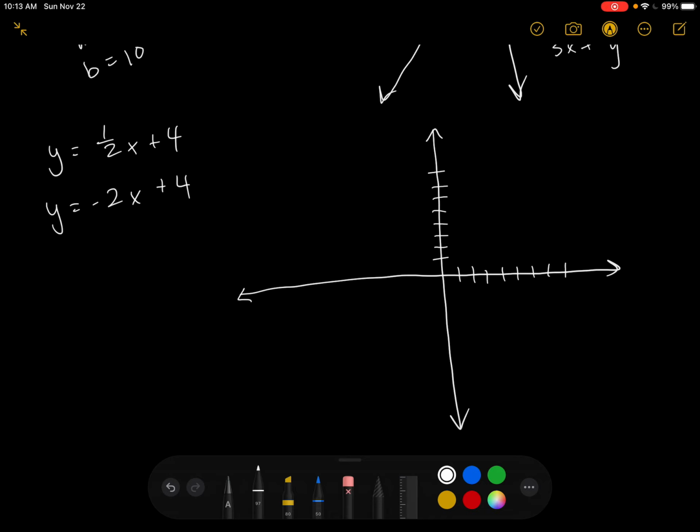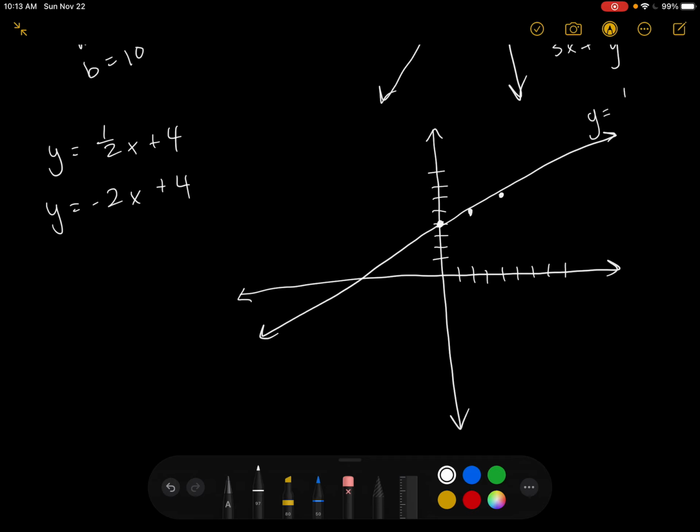The first one intersects at, the intersection point is 4, and then my slope is rise 1 to the right 2. So about there. 1 to the right 2. Again, please use graph paper when doing this. I'm probably gonna find a way to superimpose the grid onto here. Okay, and so that's our first line.